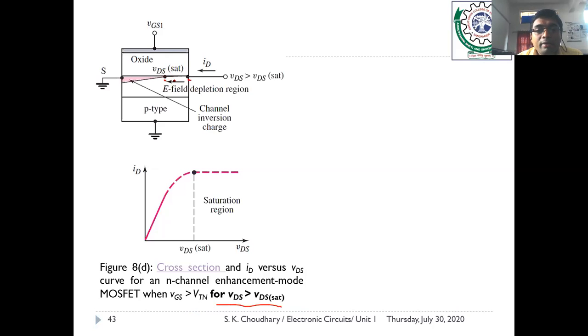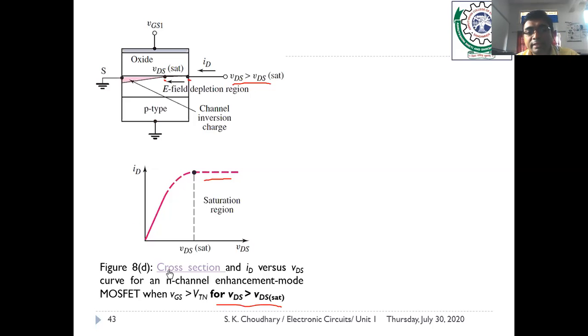Because of that, the channel moves away from the drain terminal, and your ID versus VDS curve starts to become flat. That is called the saturation region. Now your ID becomes independent of the VDS in the ideal condition. Still the current is flowing, but it remains constant. It does not increase.